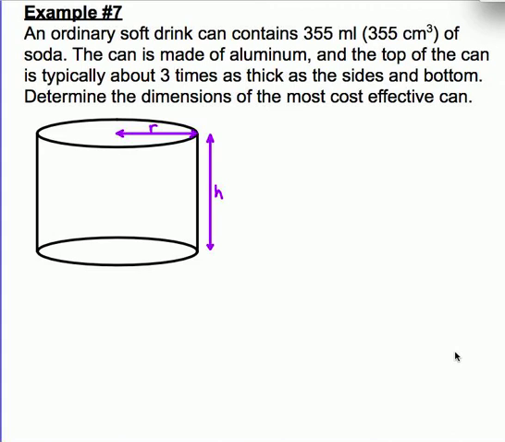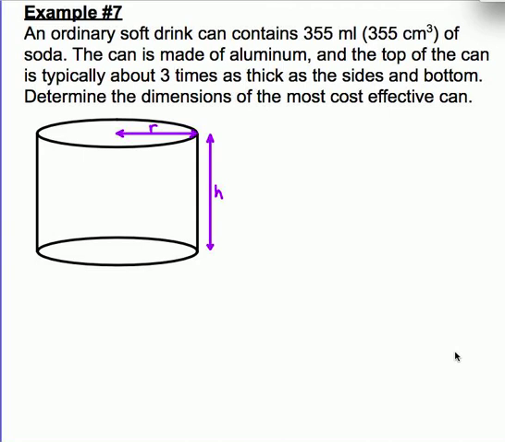You may remember that earlier we did a question similar to this, and the only difference was in that case the top was the same thickness as all of the rest of the can. And after we solved the problem, we found that the most cost-effective can would be one where the diameter equaled the height of the can.